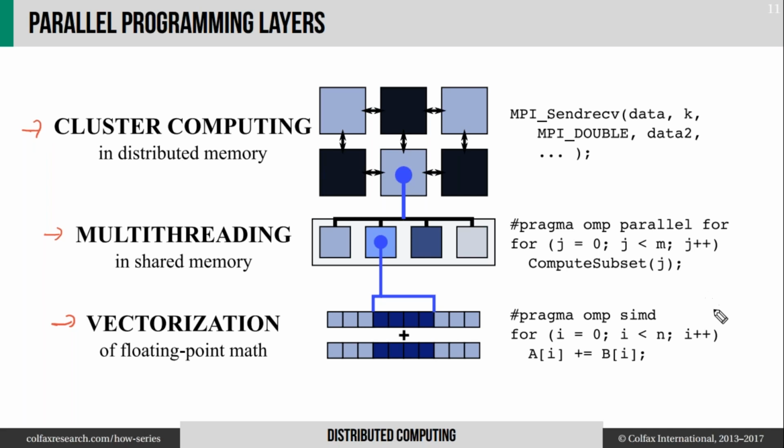We talked about automatic vectorization and also about guiding it with compiler directives. We talked about multithreading with the OpenMP framework, and today we will talk about message passing, and this is what you use to connect multiple processes running either on the same machine or on independent machines connected into a network.